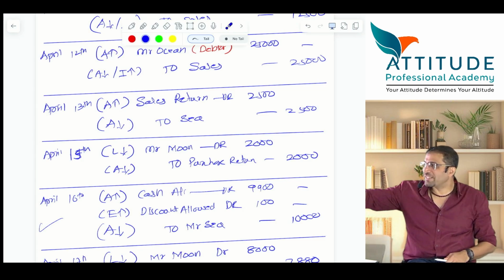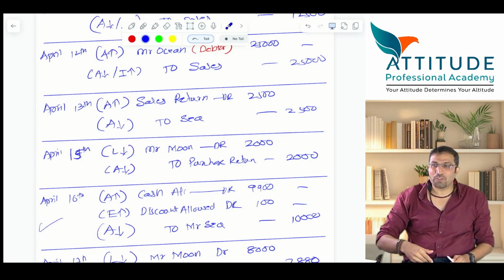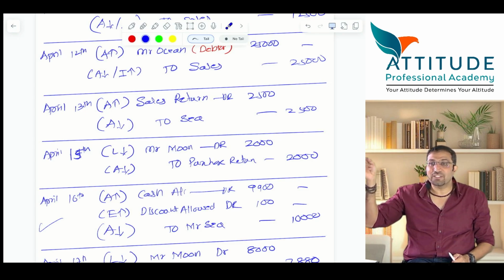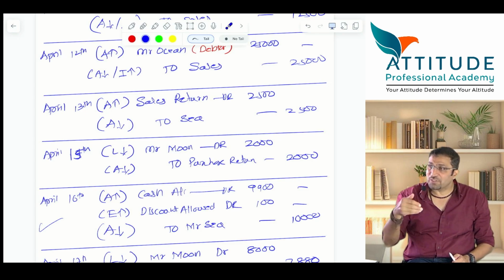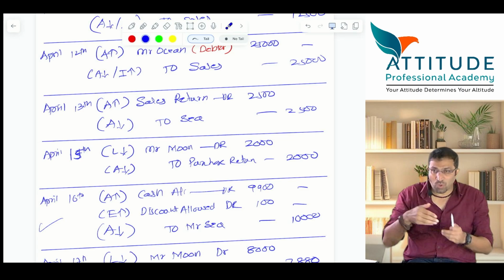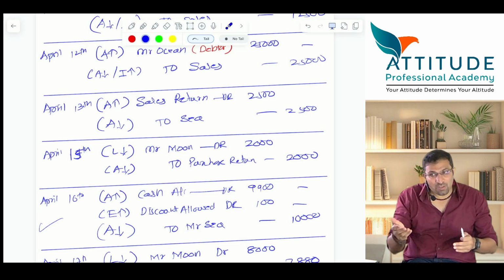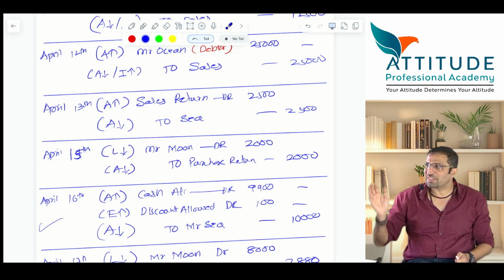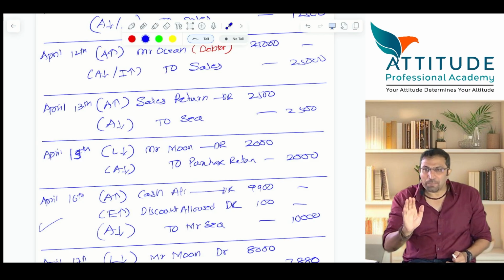Sir, I have sold my fixed asset. I sold it at a profit or loss. That you record now only, because that cannot be shown at the end of the year. But goods are something which you purchase almost throughout the year and you sell also throughout the year. Fixed assets is not purchased throughout the year and sold throughout the year. But goods are purchased throughout the year and sold throughout the year. So for every purchase and sale, you cannot record what?